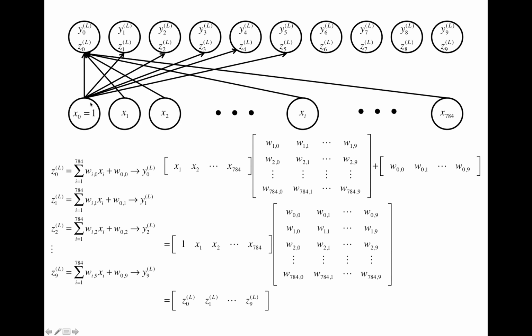If you account for i being 0, then we have another term, w01, that's going to account for the weight for this particular connection, from x0 to y1, to z1 basically.